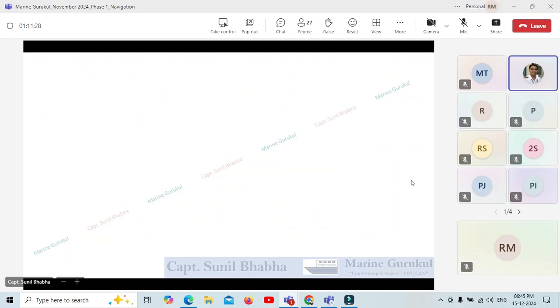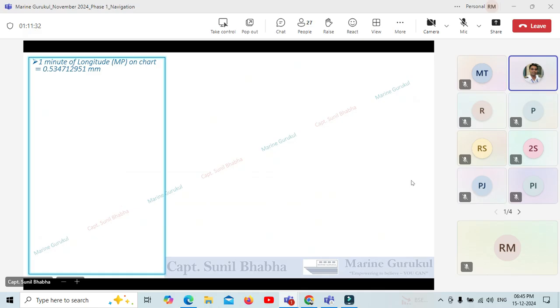So proceeding ahead on construction of our chart now. We have just now calculated 1 minute of longitude or one meridional part on our chart measures 0.534712951 millimeters. Now, since we have the length of 1 minute of longitude, we can easily find out the 1 degree of longitude. 1 degree of longitude is 60 minutes.